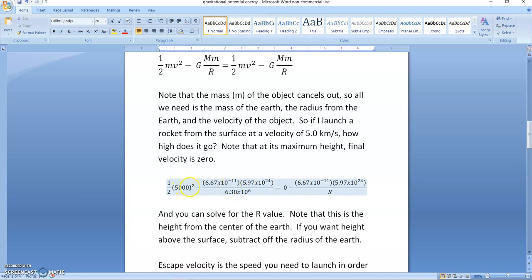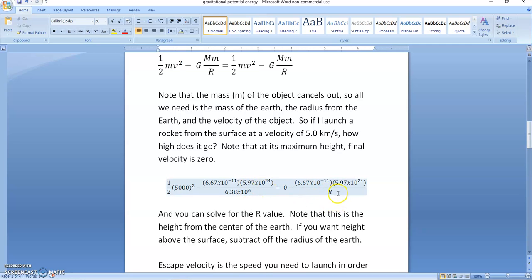So the initial condition is 1/2 mv squared, there's the 5,000 squared, plus this negative potential energy here, equals the final condition, 0 kinetic energy, because at the top of the launch it comes to a stop, plus this negative potential energy, negative G mass of the Earth over the new radius. Now, the algebra here won't be as easy as just using mgh, but it's certainly doable.